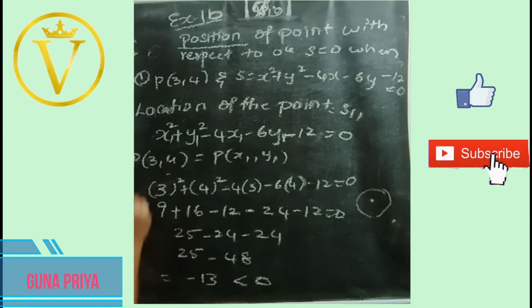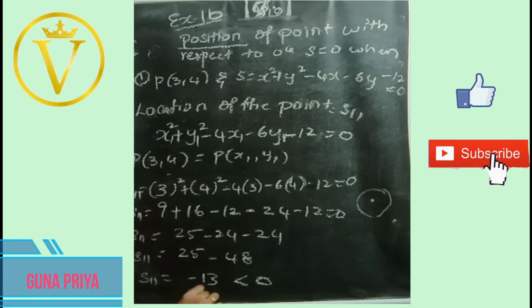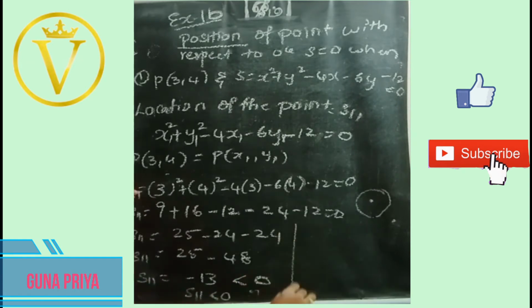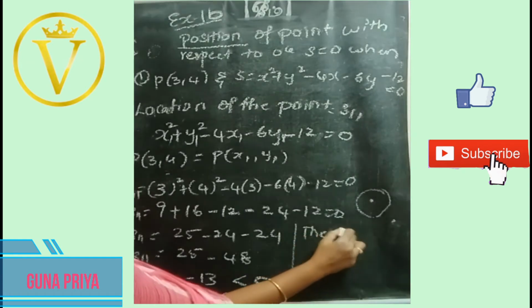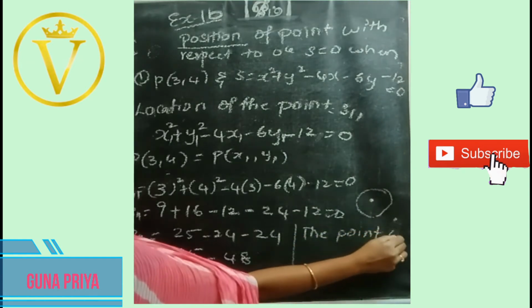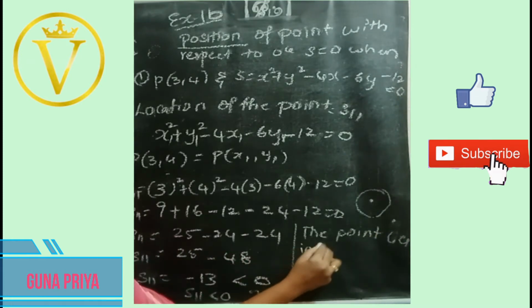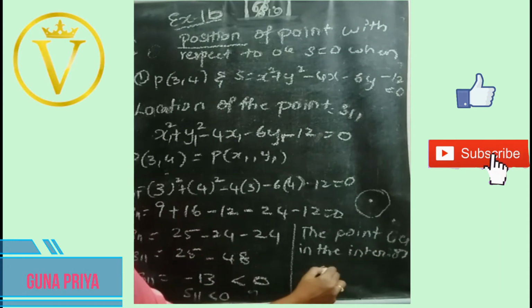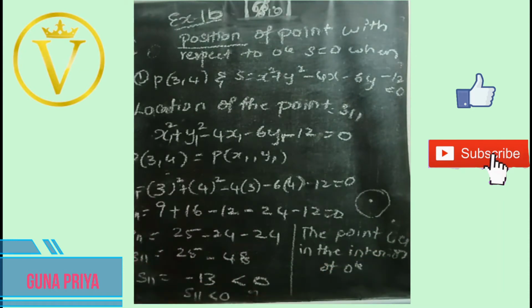So here S11 is less than 0. So the point lies in the interior of the circle.